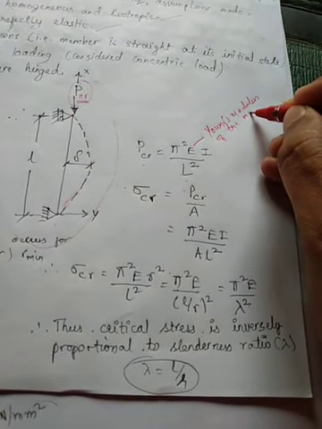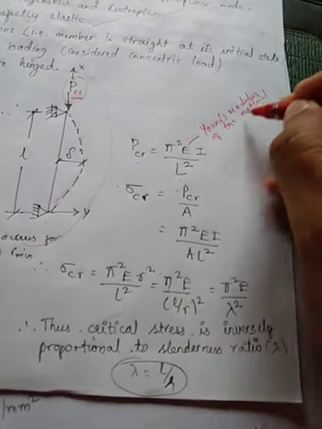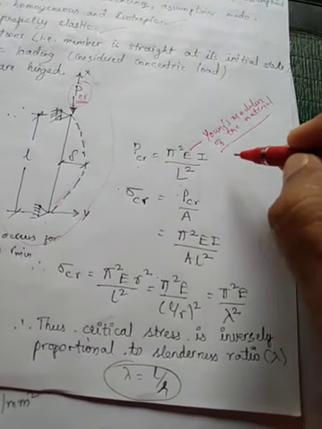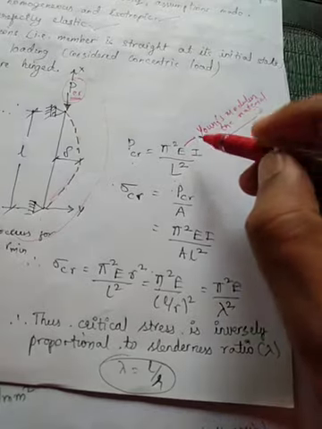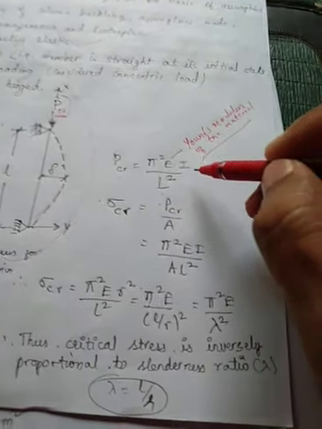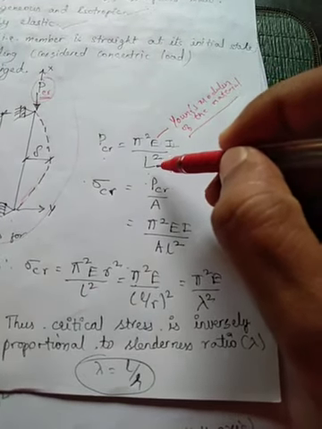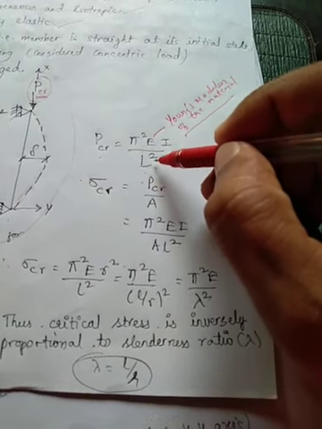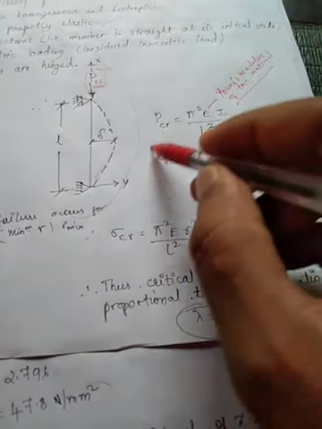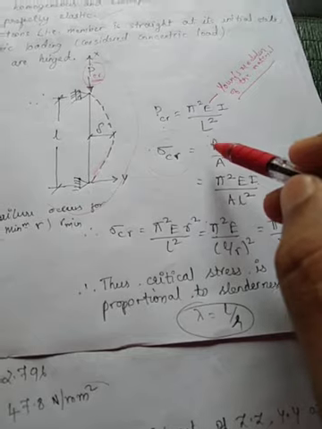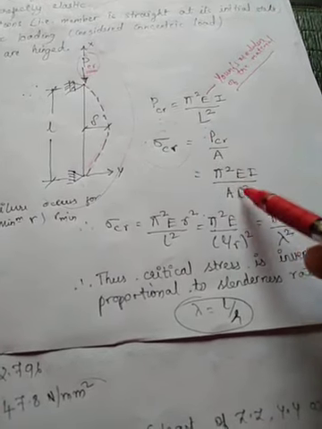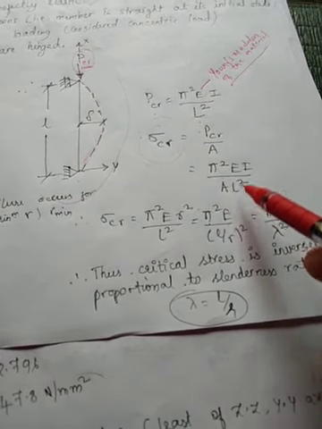We are using a steel material here, as we are in steel structures, so we have the Young's modulus of steel. I is the moment of inertia and L is the effective length. The stress required is given as P by A, PCR by A, where PCR is pi square EI by L square.